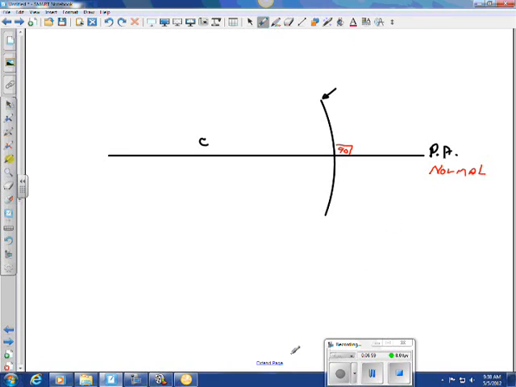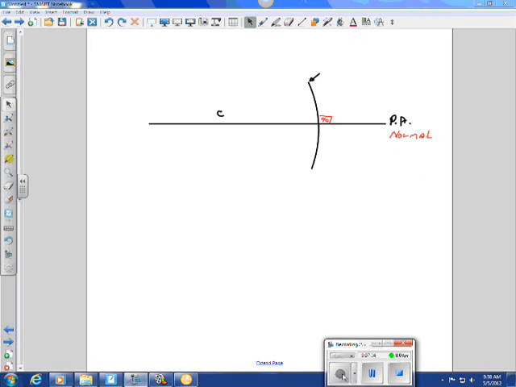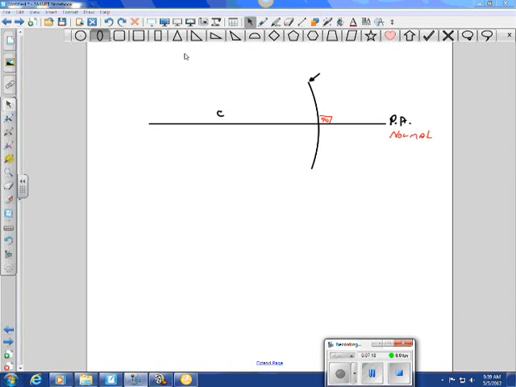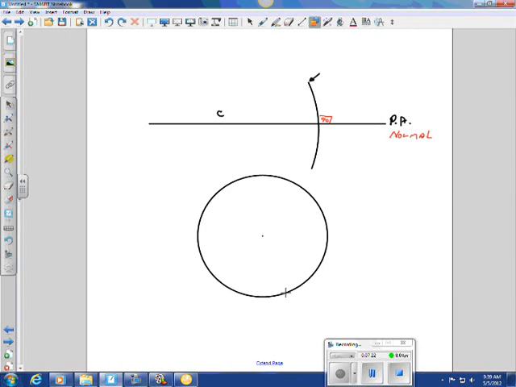Let's keep this picture here, and I want to show you something else. Let's draw a picture. Let's use some symbols here. Let's use some objects. Okay, let's draw a picture of a circle. There is a circle. Not only is it a circle, it is a wheel.